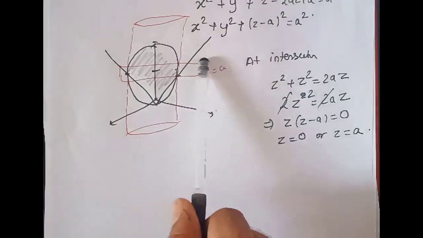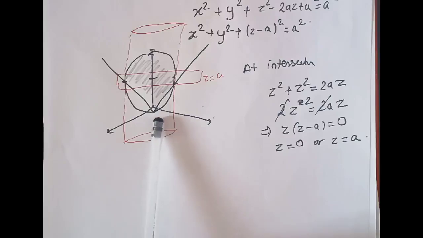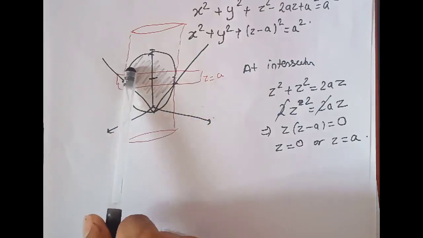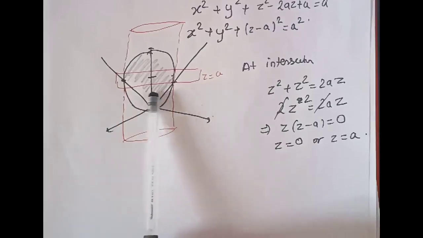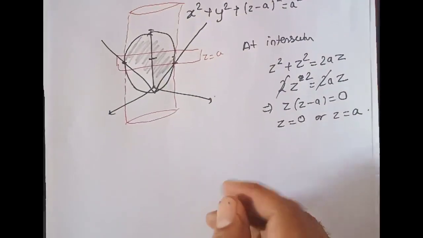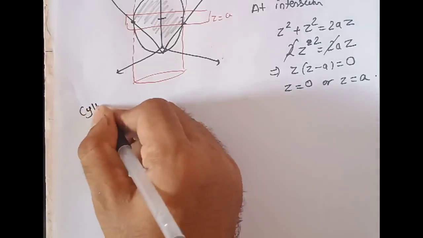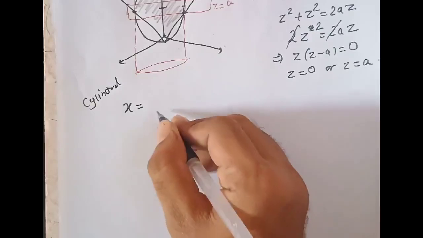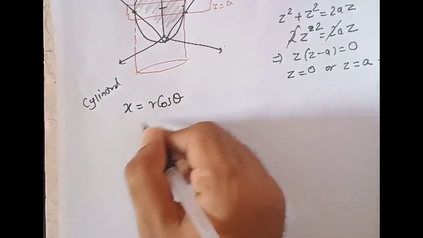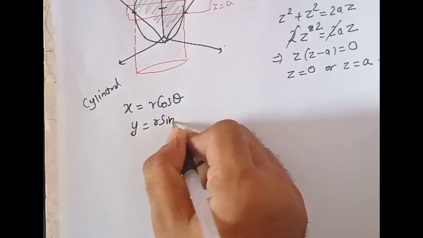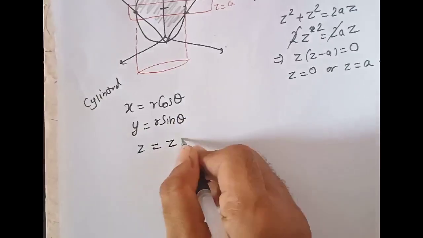Alright. Next we have to imagine a cylinder, because we have to take cylindrical coordinates. So we will take a tight cylinder bounding the region, and we have to find the volume of the shaded region. Okay, so for cylindrical coordinates, we know x is r cos theta, y is r sin theta, and z is equal to z.